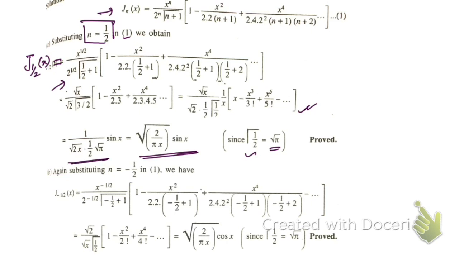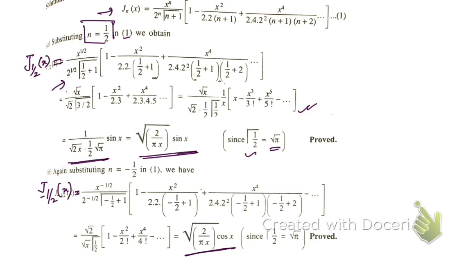Similarly, if we put n is equal to minus half, then we're going to have J of minus half of x, which is equal to this one, and simplifying this we get this result.